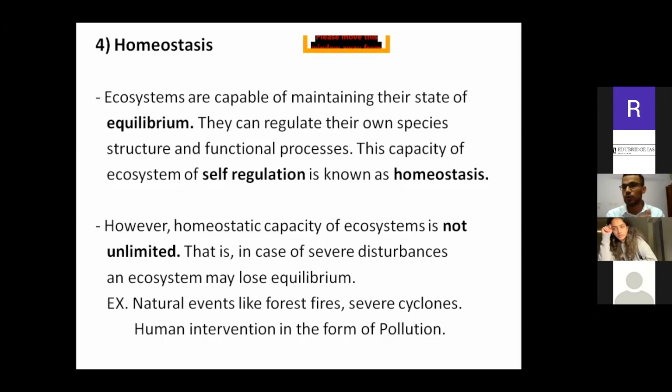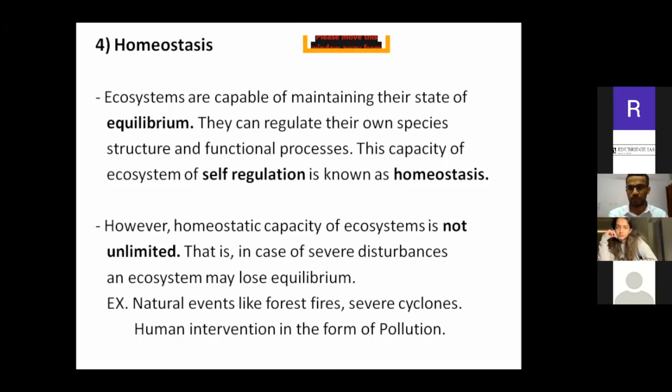We also use ecosystem for recreational purposes. Ecosystem also carries out water purification, air purification. It also helps in flood regulation, climate regulation. So these are the useful things that we get from ecosystem, and these are nothing but ecosystem services that we receive. But these ecosystem services are categorized into various types.